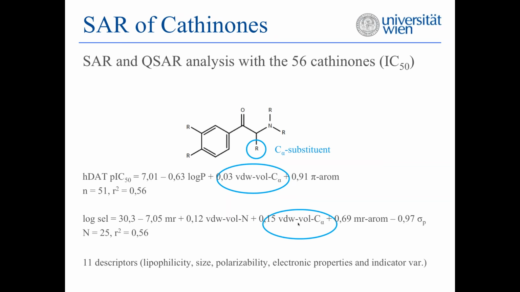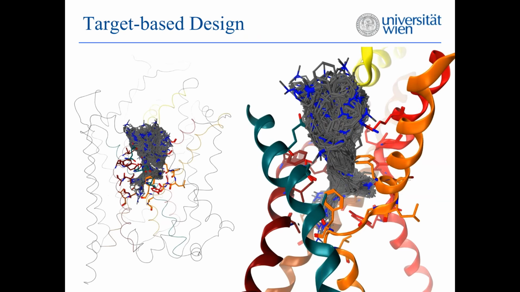So going one step further, we docked these compounds into the serotonin and the dopamine transporter, and this is also something I would like to emphasize. Docking is nice. Docking gives you nice pictures, but you need to be aware when you do docking, this is the reality.